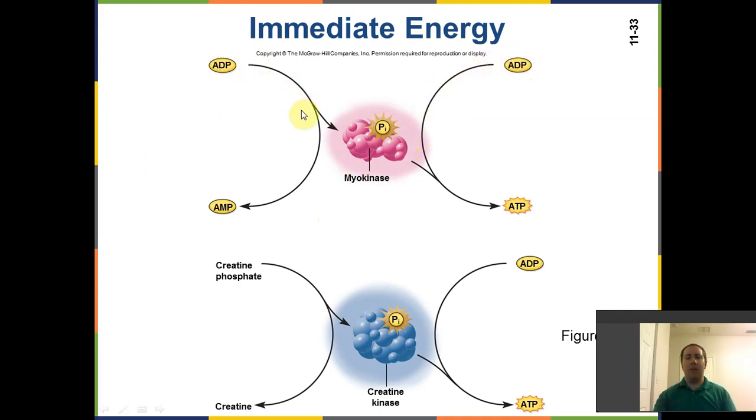The myokinase takes a phosphate, the P, off of one of the ADPs, sticks it on the other one, and we end up with an AMP and an ATP. The creatine kinase takes a phosphate off of the creatine phosphate, sticks it on ATP, and we end up with creatine and ATP.